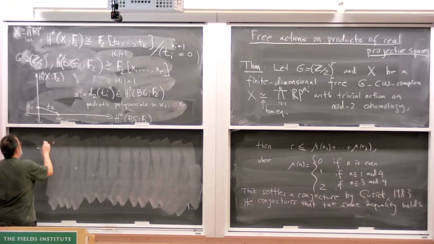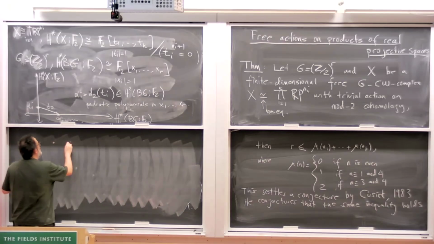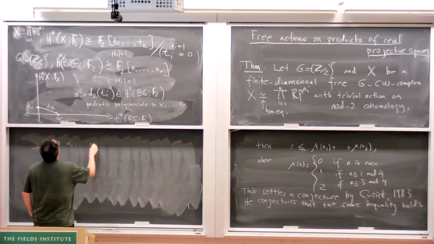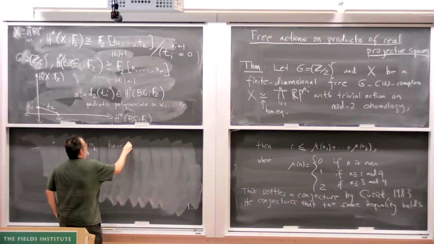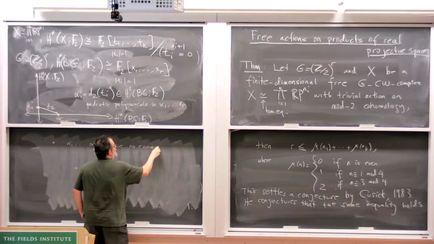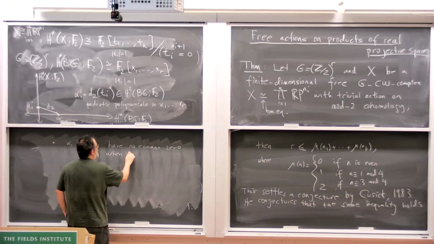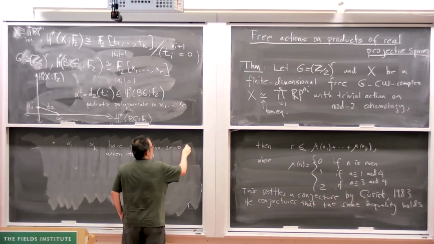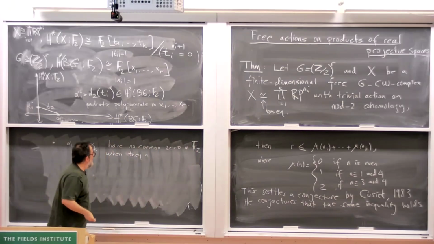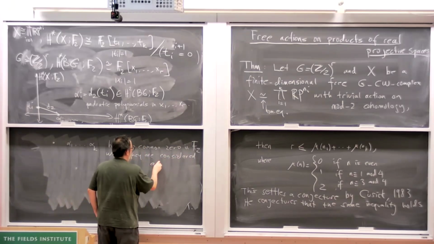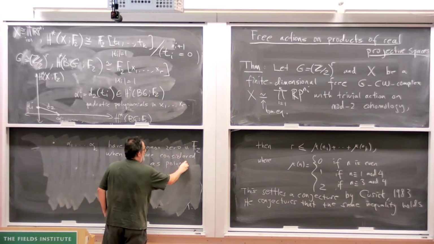Using this observation and restricting to cyclic subgroups, it is proved that these quadratic polynomials have no common zero when they're considered as polynomials over F2, not over K. Degree 2 polynomials.